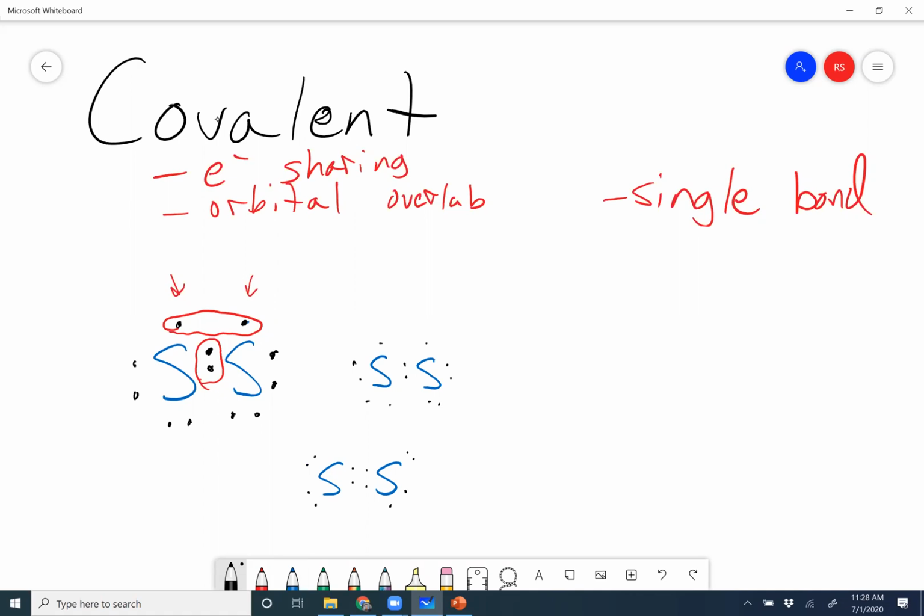I tend to like the top one simply because it stays consistent with the organization. So these would be our two possible Lewis dot structures. So what does the structural formula look like? The structural formula will just be the S's, but now we draw 2 lines because we have 2 bonds between that one atom.